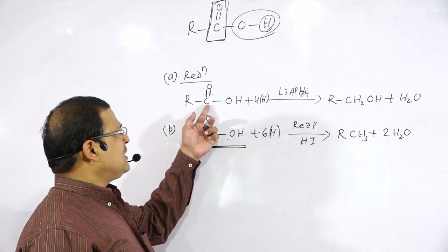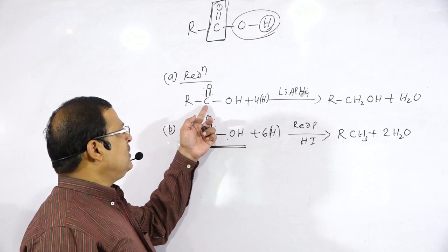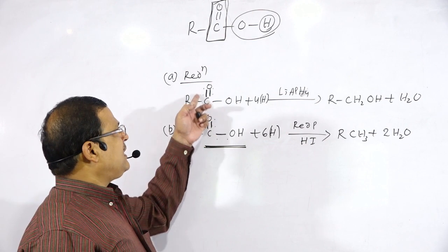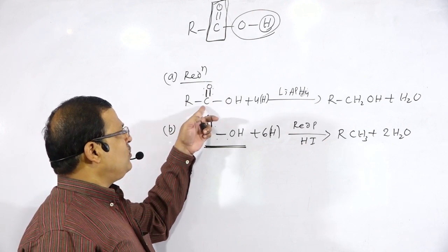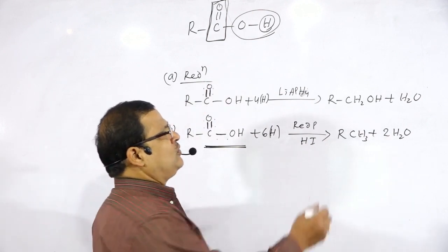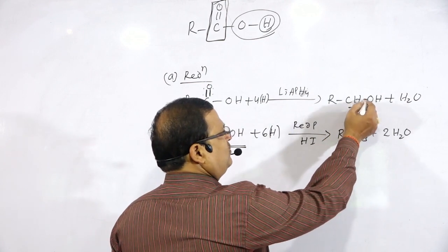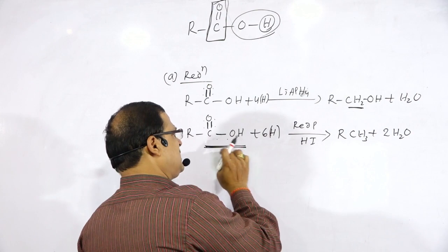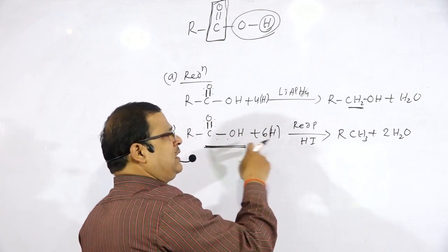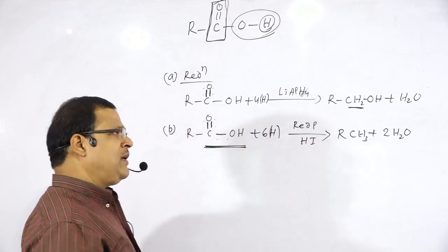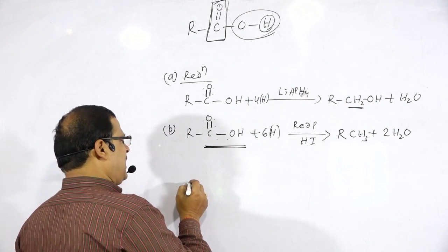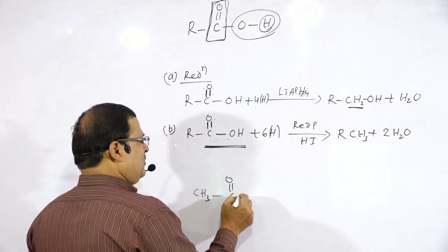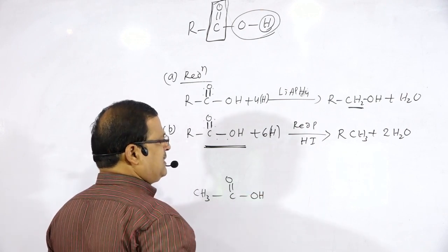But the earlier reaction is due to the CO part only, where the carbonyl group, C double bond O, is converted into a methylene group, CH2. Here the COOH group as a whole is converted to a CH3 group. Take a particular example: CH3, C double bond O, OH, the formula for acetic acid.